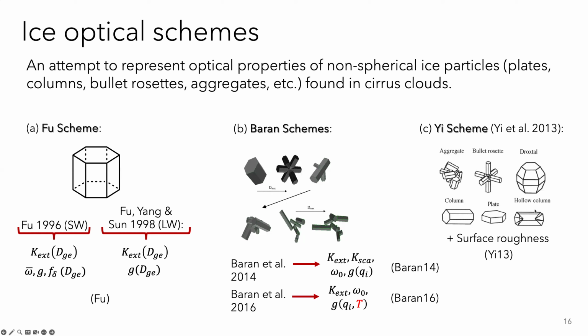The Fu scheme and the E scheme base their parameterization only on size. The Fu scheme is simpler, and the E scheme is more complex, including more characteristics of the ice crystals. But the Baran scheme, in contrast, bases its parameterization on ice-water mixing ratio, and Baran 2016 includes temperature in the list of parameters.